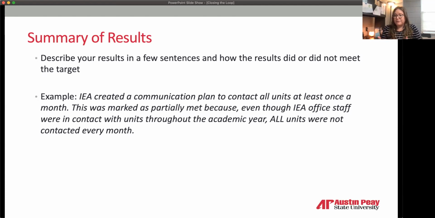So that's an example of something that was partially met. We said we were going to communicate every month. We communicated a lot, but we didn't specifically meet what we said in that outcome. Some of y'all might be like, you communicated too much. But that's an example of how you can reflect on that to show that summary.